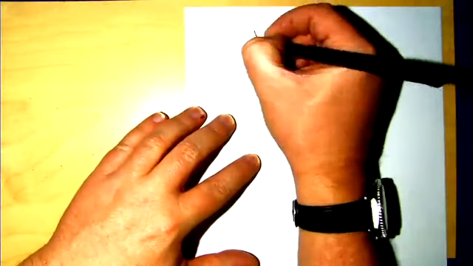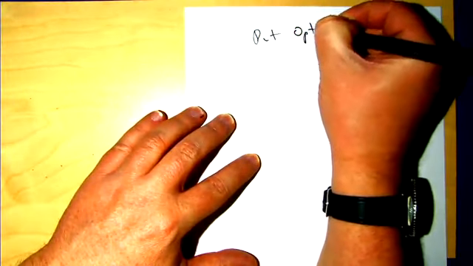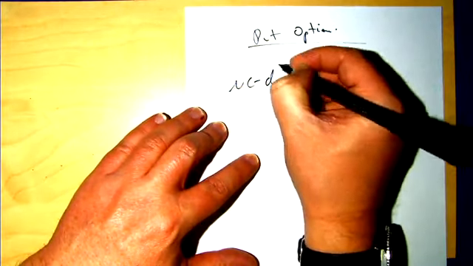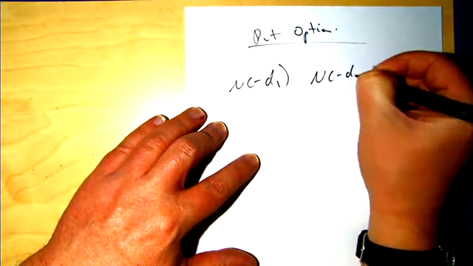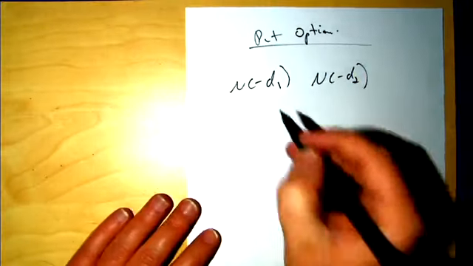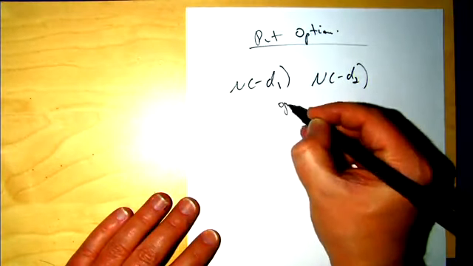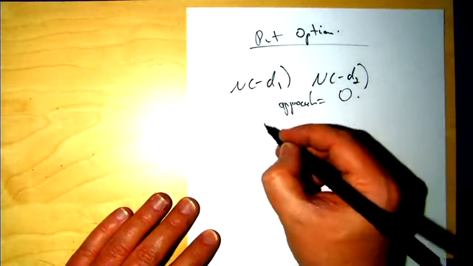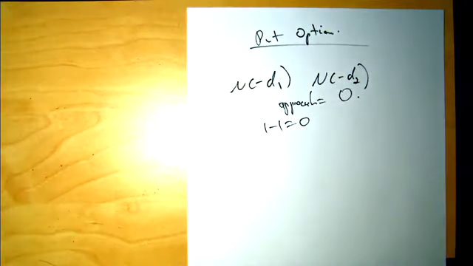So my put options are N of negative d1 and N of negative d2. As prices become large, these are going to approach 0, because 1 minus 1 equals 0. Remember, N(d1) and N(d2) are 1, and they're the other side of the probability.